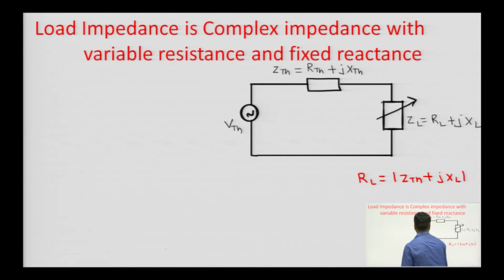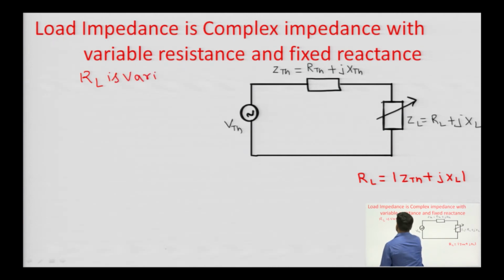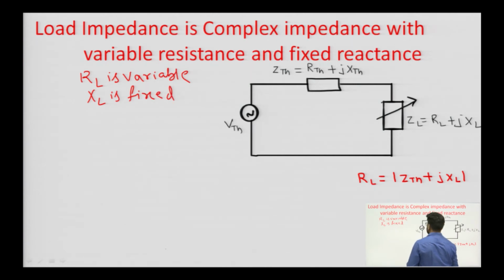Now, we have the third case in which R L is variable, but X L is fixed. So, we have the value of X L, but X L is constant. We have only R L variable in load impedance.